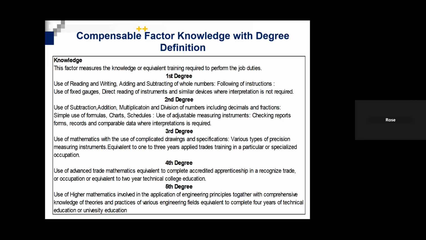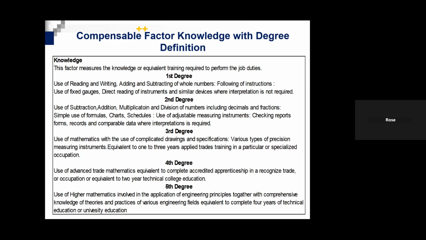First degree: use of reading and writing, adding and subtracting of whole numbers, following of instructions, use of fixed gauges, direct reading of instruments, and similar devices where interpretation is not required.